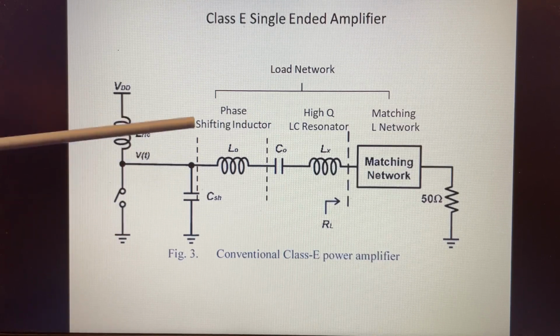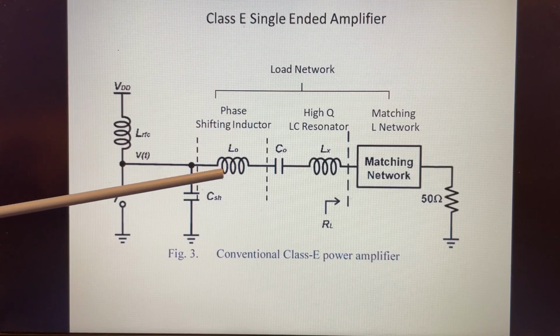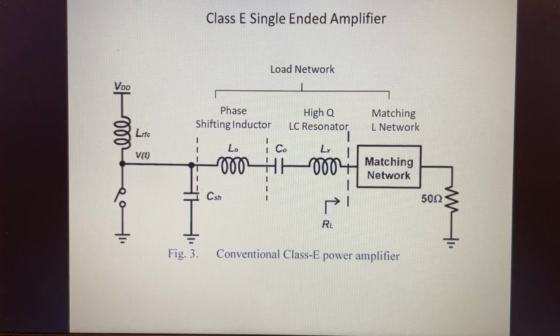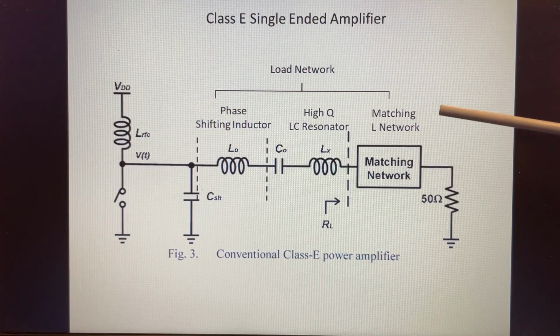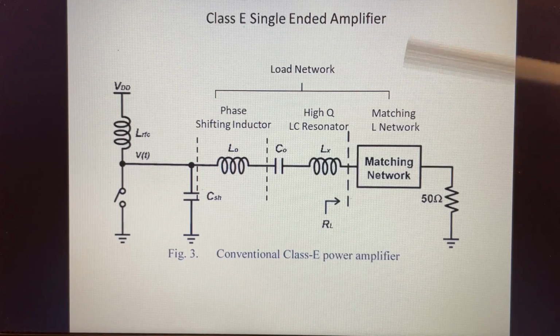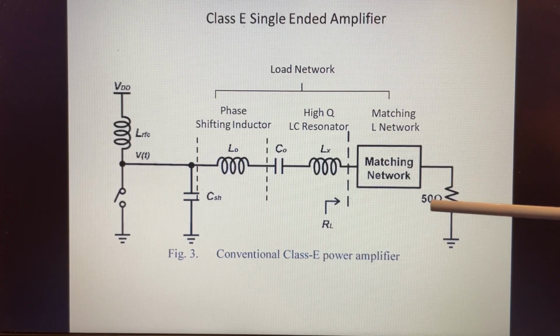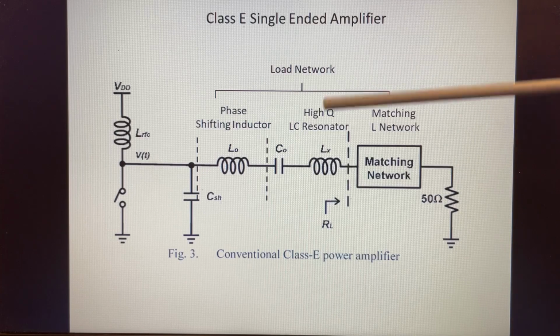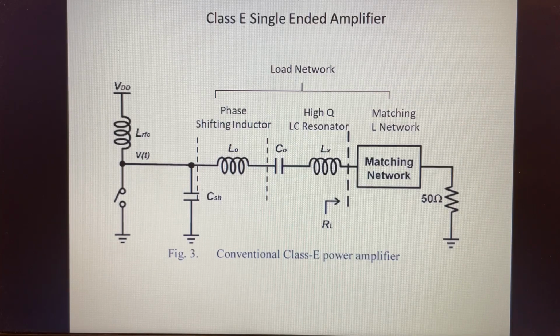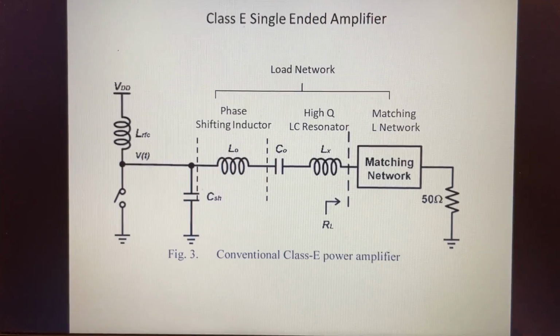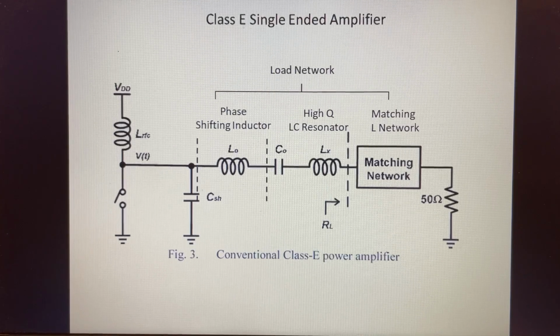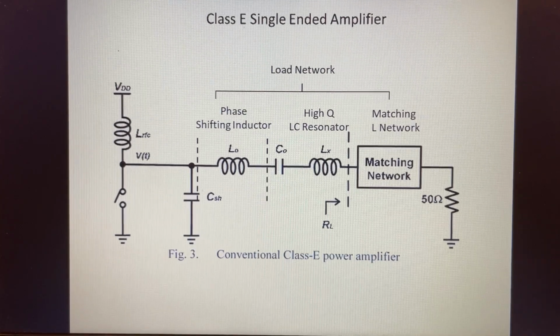Then we have a phase shifting inductor, then a high Q resonator, and then our standard type of matching, which is just a simple L network to transform the load resistance into 50 ohms. So that's the basic topology. We're going to go into a little bit more detail about that.